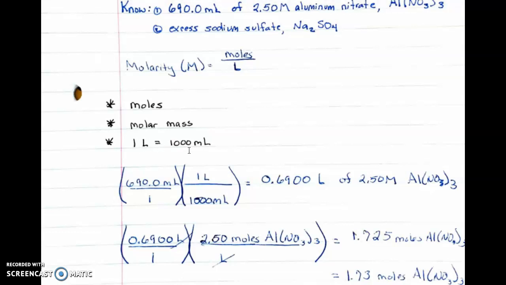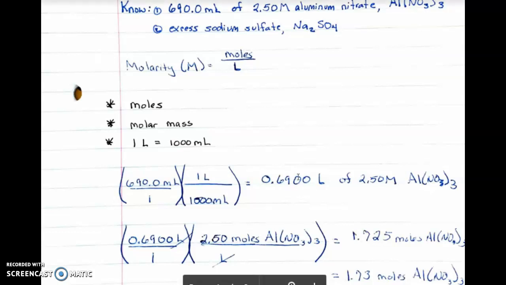So we can use this relationship here to first determine how many liters I actually have when I'm talking about 690.0 milliliters. I take my 690 milliliters and divide that by 1,000, and the milliliters will cancel, leaving me with 0.6900 liters of a 2.50 molar solution of aluminum nitrate.